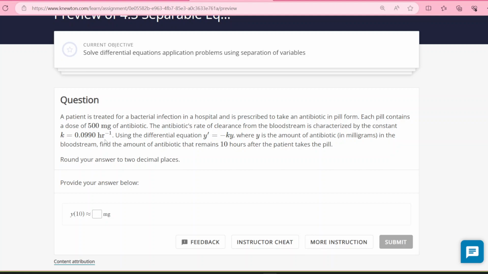Because it looks like we have time here, hours. Find the amount of antibiotic that remains in the bloodstream 10 hours after the patient takes the pill. Round your answer to 2 decimal places, right? So I'm going to be entering this into a calculator. I will just be going to that desmos.com free online calculator for this.